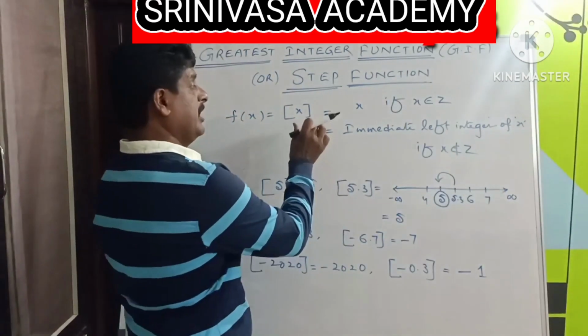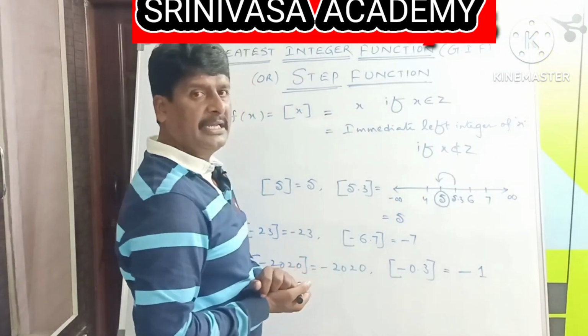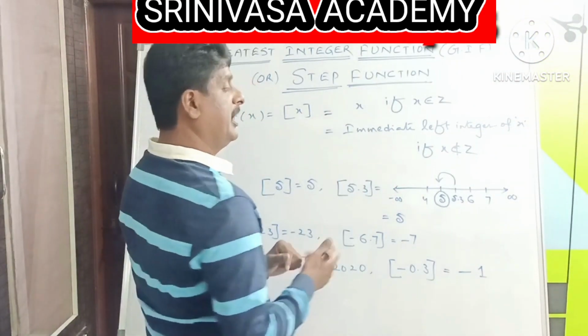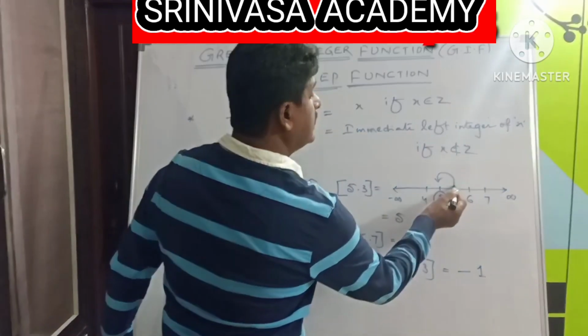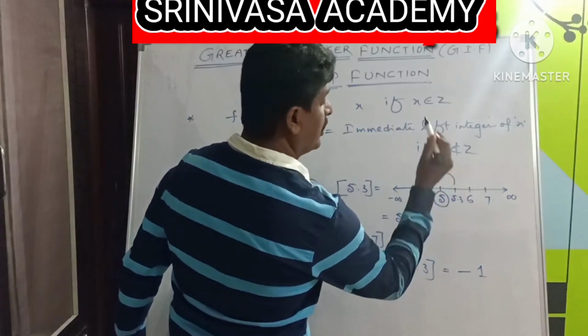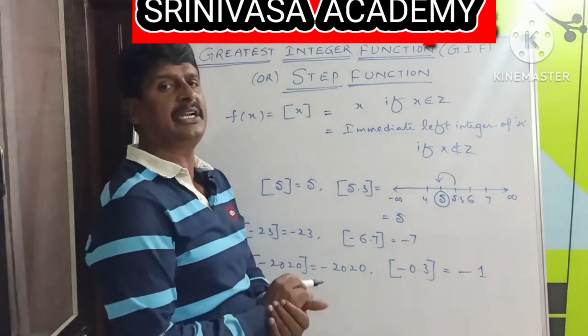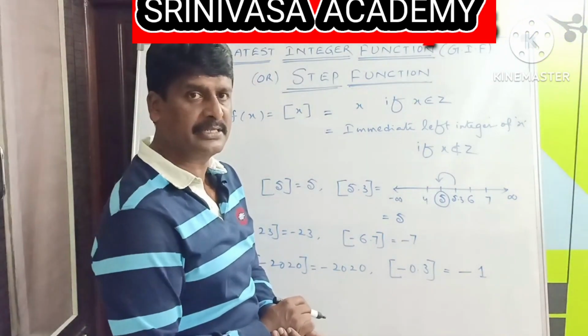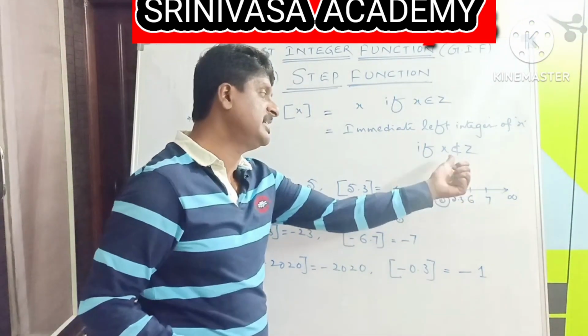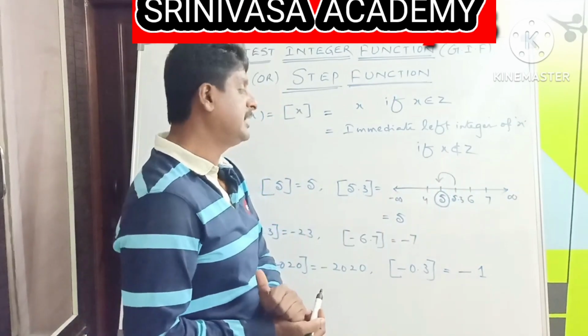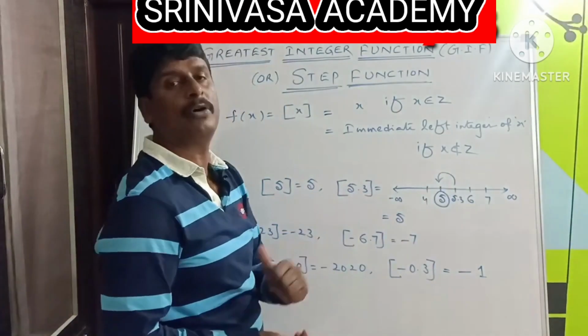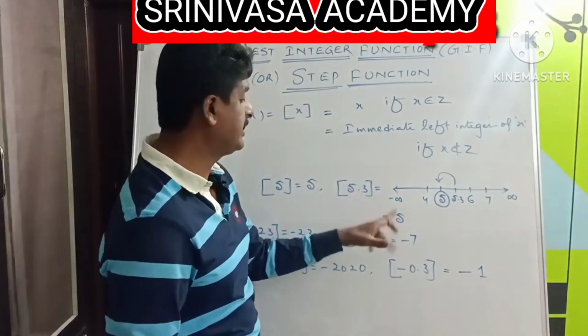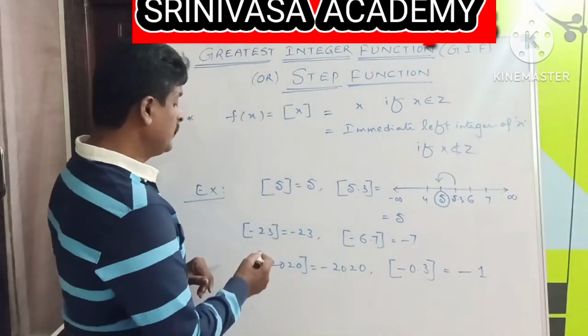Whenever x is not an integer, it is a real number, its answer is its immediate left integer. To the left side of 5.3 there are infinitely many integers, but among all those, its immediate left integer is 5. 5 is its answer. So step of 5.3 will come out as 5.